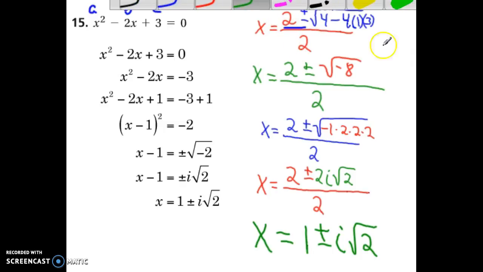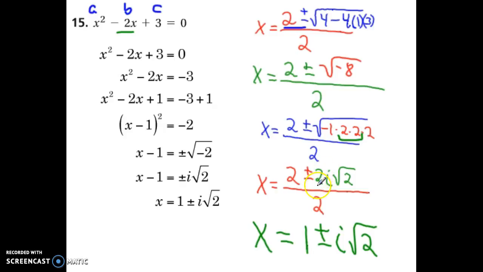Now I'm going to calculate the discriminant. So I am going to take negative 2 squared, which is 4, minus 4 times a times c. So I get negative 8. So I'm going to take negative 8 and factor it. I'm going to take out that negative 1. Then I have 2, 2, 2. I have a set of 2's that come out.